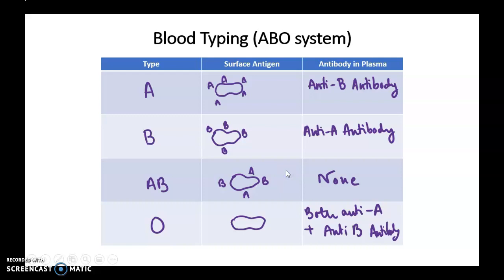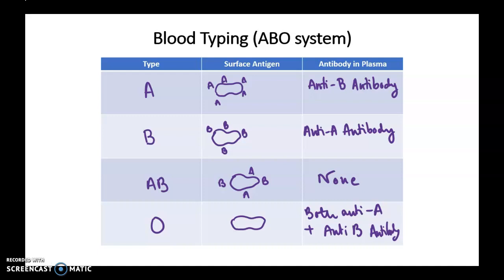All right, class. So today we are going to talk about blood typing. And when we are learning about blood typing, we need to understand that there are two very important blood grouping systems. The first one is the ABO system, and we will look at the ABO system right now.